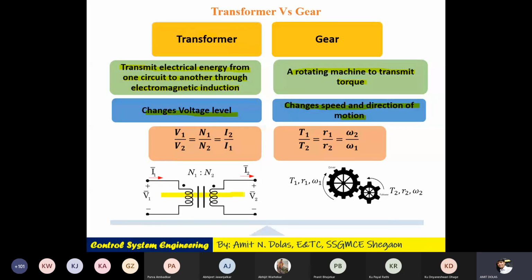The relationship of a transformer, you know, this is the symbol: V1 by V2 equal to N1 by N2 is equal to I2 by I1. Similarly, for a gear: T1 by T2, that is the torque of the first gear and the torque of the second gear, equal to R1 by R2, that is the radius of the first gear and second gear, equal to omega 2 by omega 1, that is the angular velocity of the second to the first.